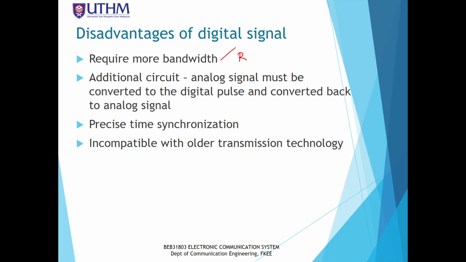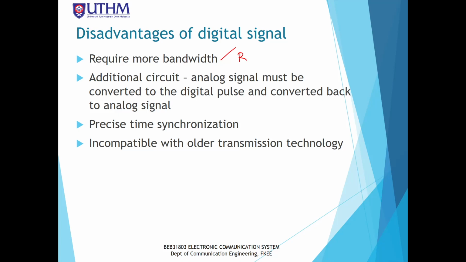Because the speed depends on the bandwidth, how much bandwidth needs to be given to you in order to achieve a higher data rate. So if you need a higher speed, the internet provider needs to give you wider bandwidth. So bandwidth is money. If you need more bandwidth, you need to pay more.